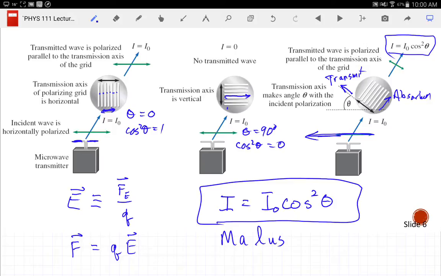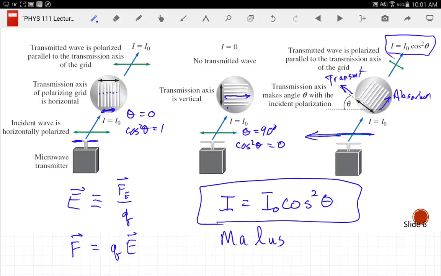What if I had unpolarized light going through a polarizer? This all dealt with polarized light. What if it was unpolarized light? It allows the part of the unpolarized light that's parallel to its transmission axis through and blocks the others. On average, that's half.